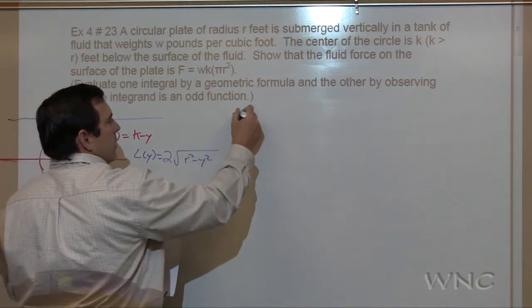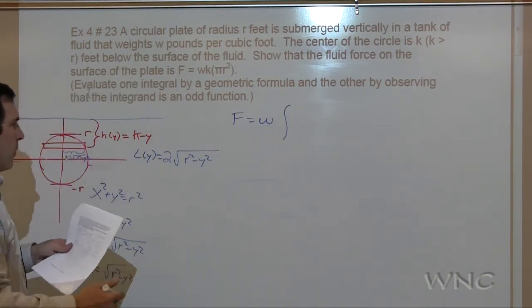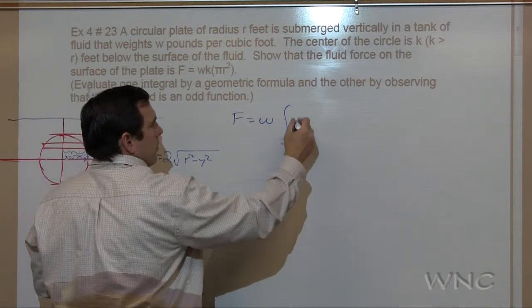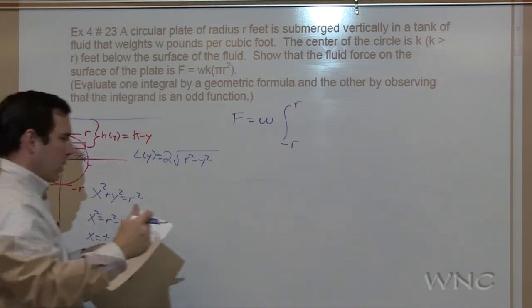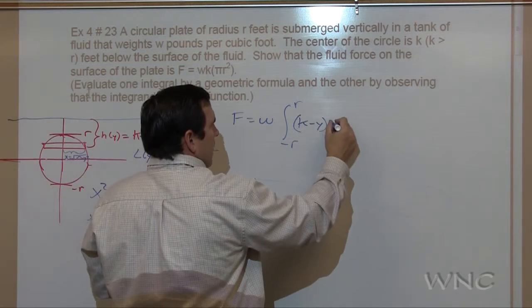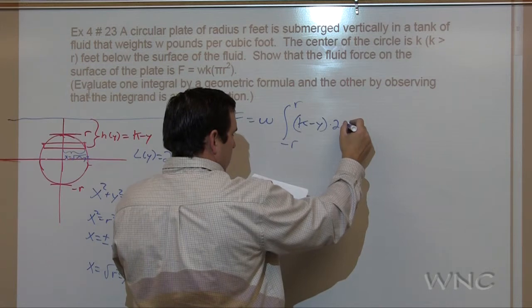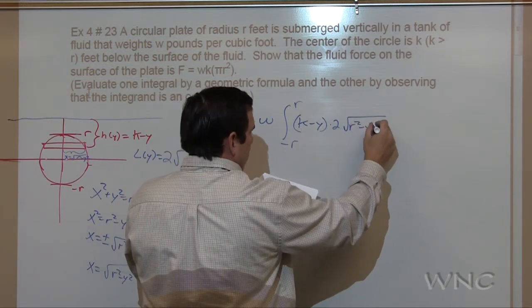So our force is going to be W times the integral from negative r to r of k minus y, that's my h of y, times 2 times the square root of r squared minus y squared dy.